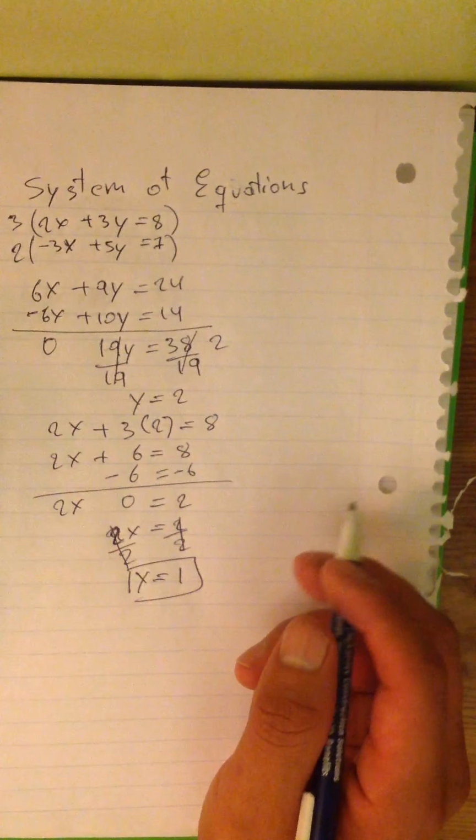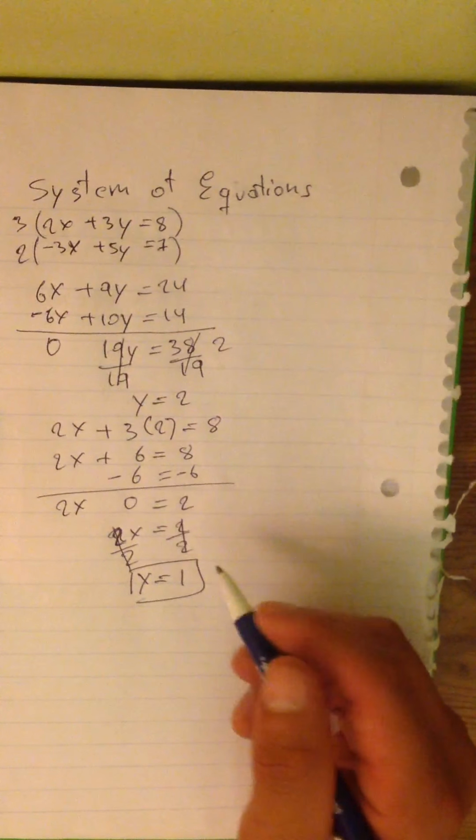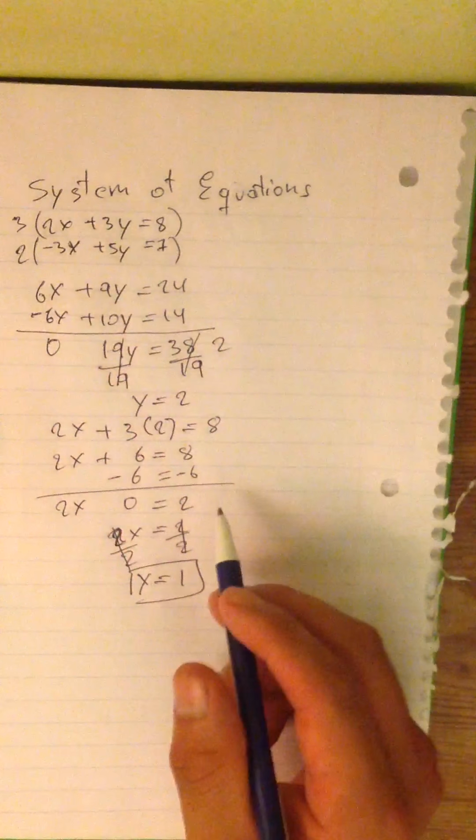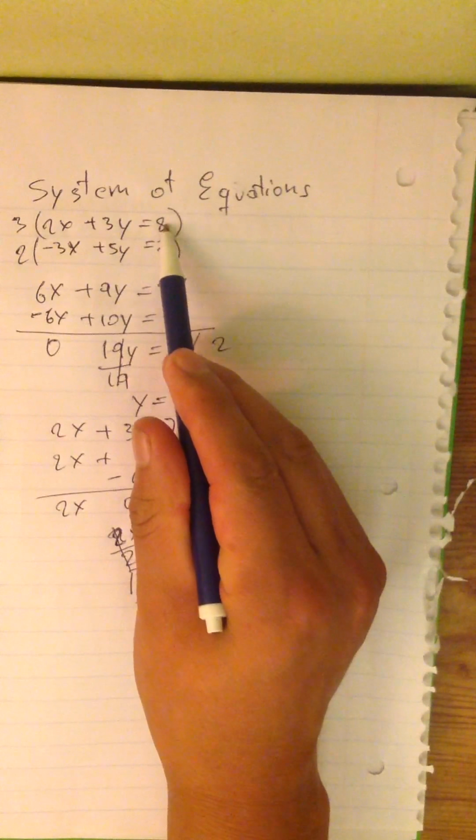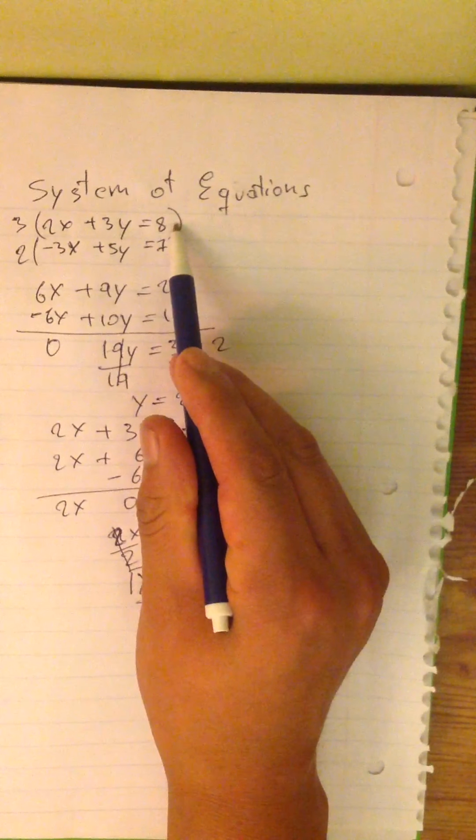Now, just to make sure that what we did is right, we can plug in these values in any of the equations, and we should get the same constant on the other side. For example, if 8 is on one side, we should get 8 on the other side.